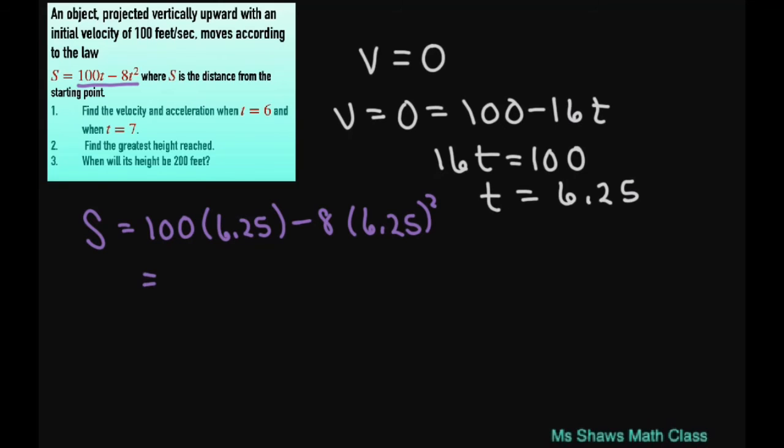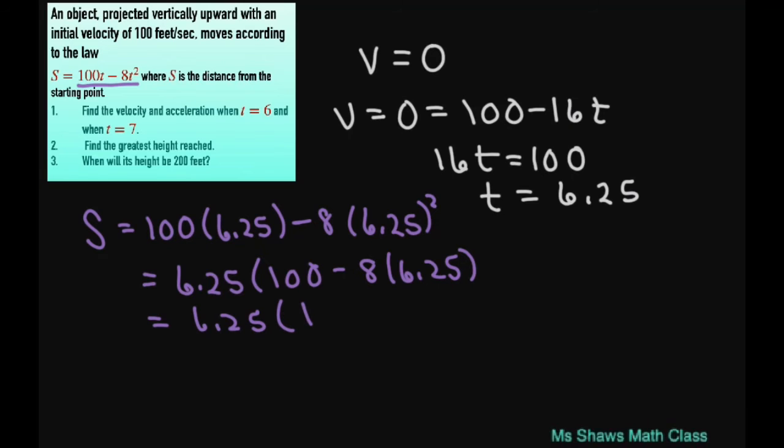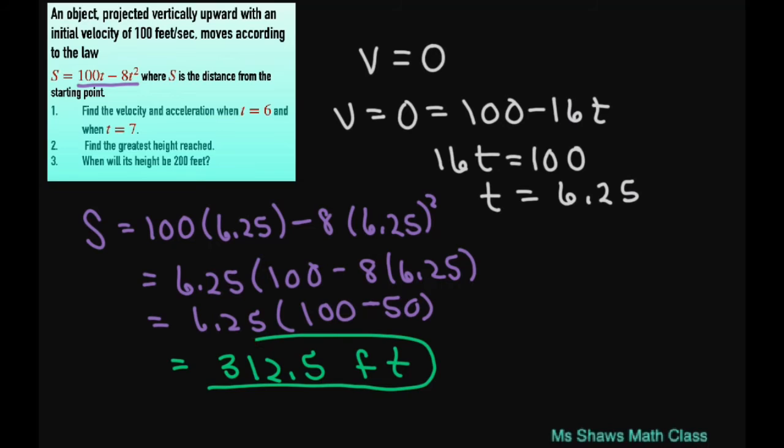This is going to give you 6.25 times 100 minus 8 times 6.25, which equals 6.25 times 100 minus 50, and that's going to give you 312.5 feet. That's going to be your greatest height reached.